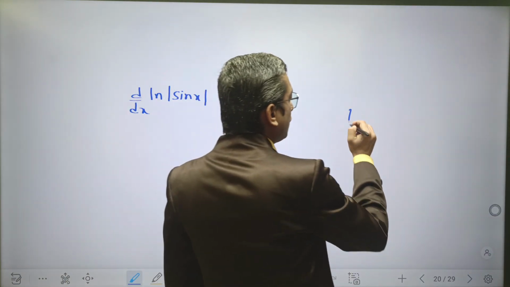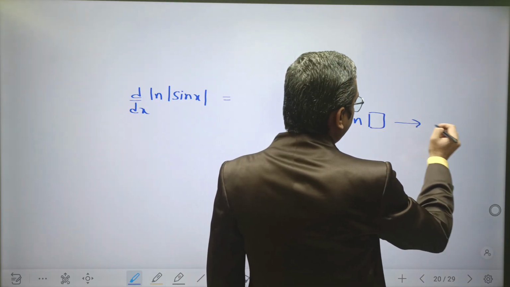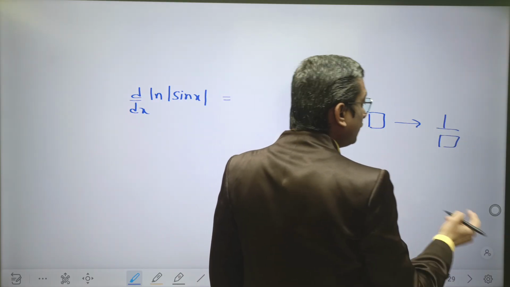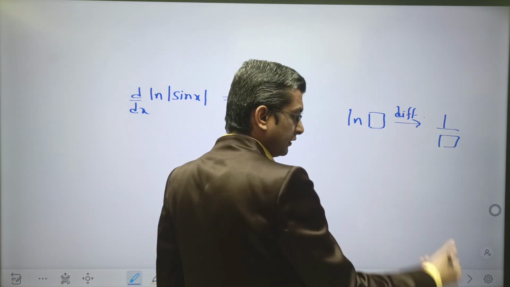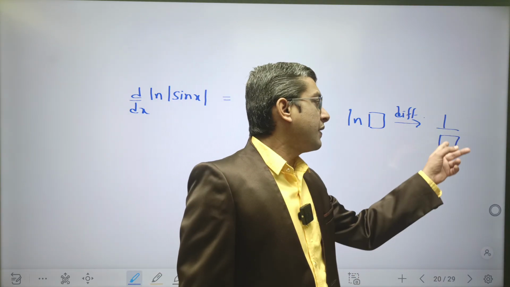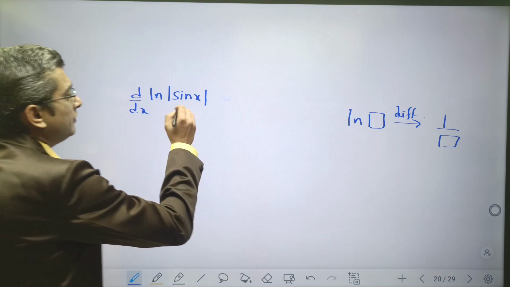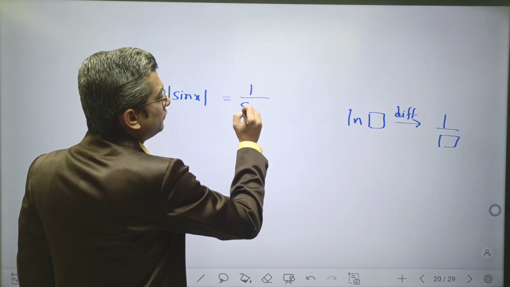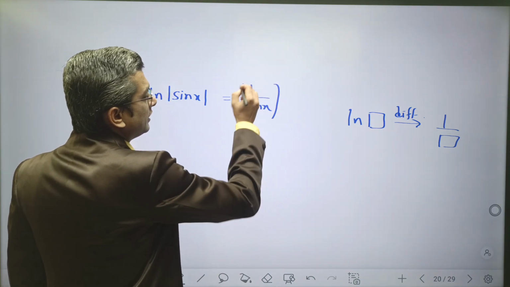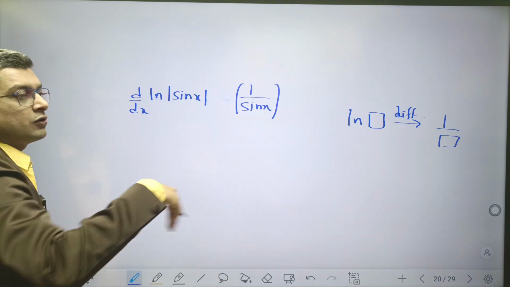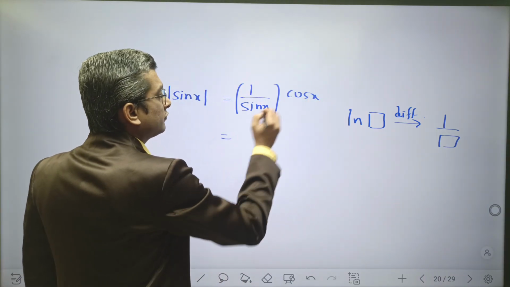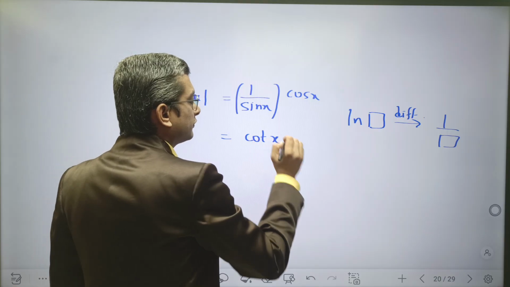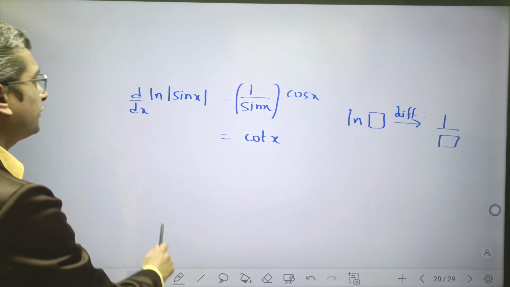Log of anything, if you differentiate it, you will get 1 divided by that thing. So here we have log of sin x, so you will get 1 by sin x. And after that, sin x is also a function. So differentiate sin x, that is cos x. And this will be cos x by sin x, that is cot x. This is very simple, dear students.